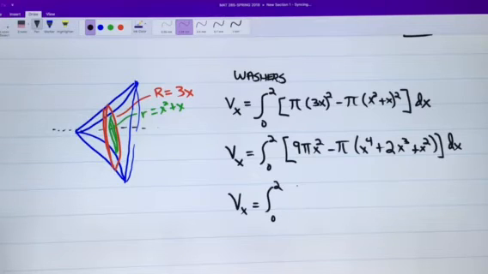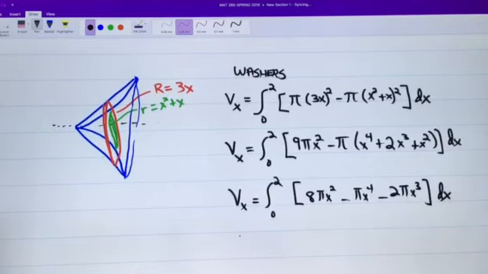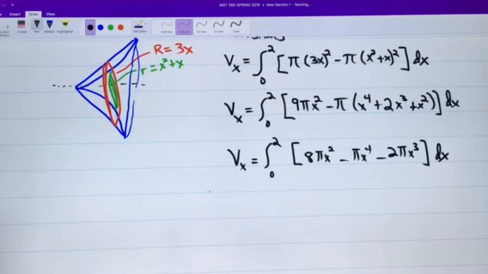Just in the rewrite, you can see we have 8 pi x squared minus pi x to the fourth minus 2 pi x cubed. And that's what we have in the case of the antiderivatives.